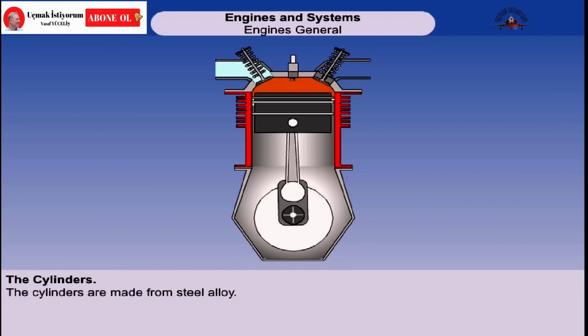They resist the pressure of combustion and provide a working surface for the piston rings. If the engine is air-cooled, then the cylinders are finned to increase the cooling area. If the engine is liquid-cooled, a large one-piece jacket houses cylinder liners to provide a cooling liquid container around them.